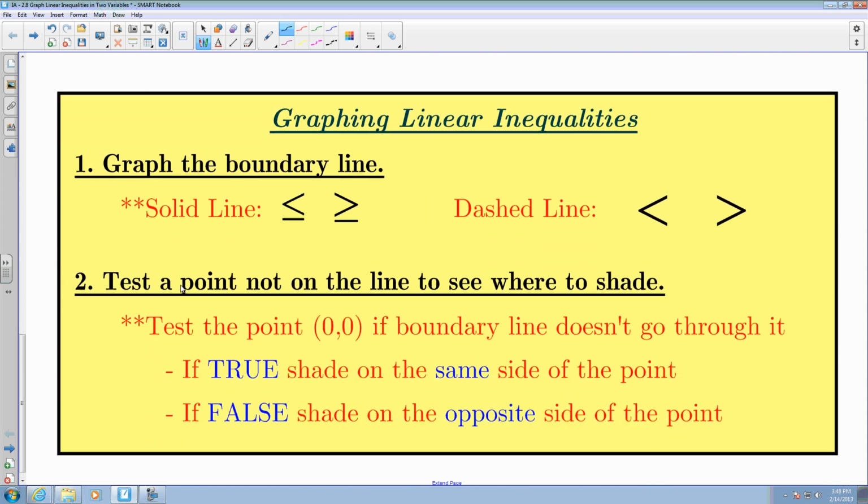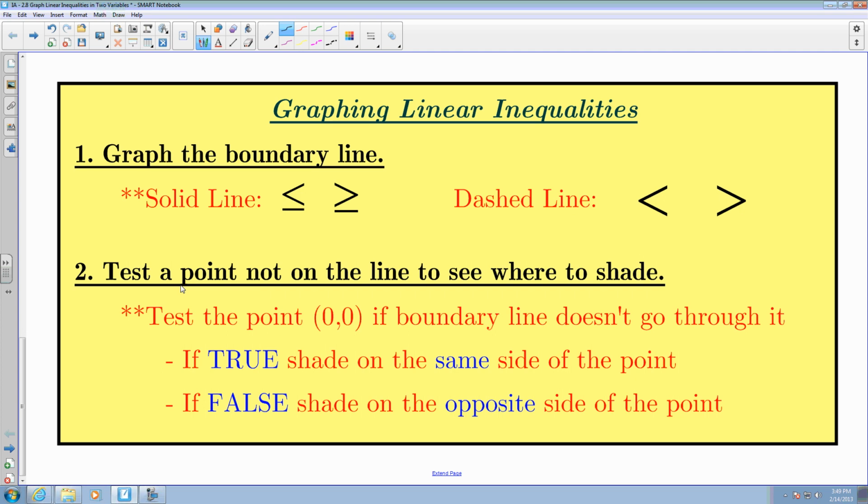When it comes to graphing inequalities, the first thing we have to do, if we do have a y, is get y by itself. Once we do that, we then look at the different inequalities. We use a solid line if it's less than or equal to or greater than or equal to, and we use dashed lines for less than or greater than. Next thing we have to do is a test point that's not on the line so we can see where we shade.